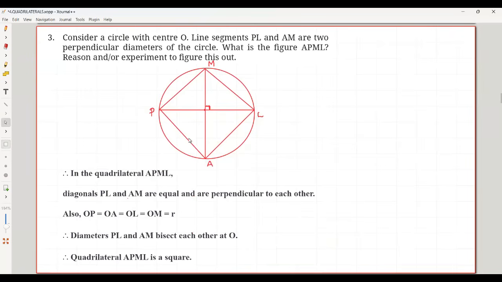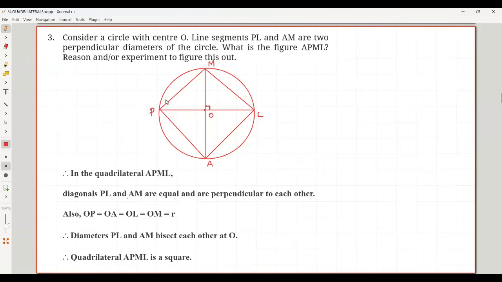In quadrilateral APML, the diagonals PL and AM are equal and perpendicular to each other according to the given condition. The center we take as O.